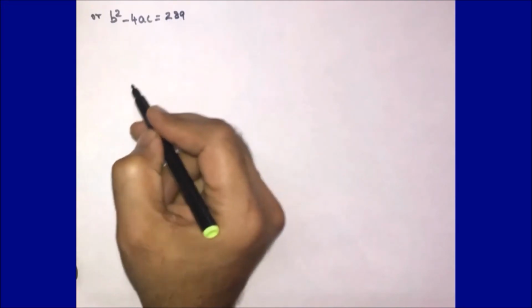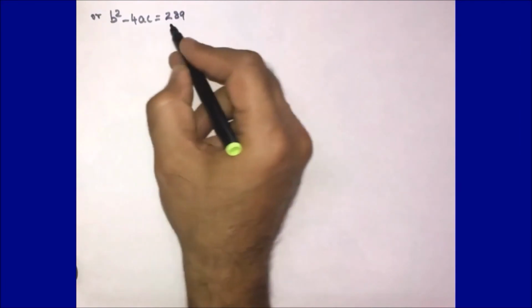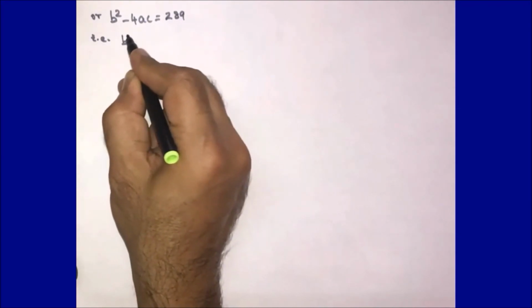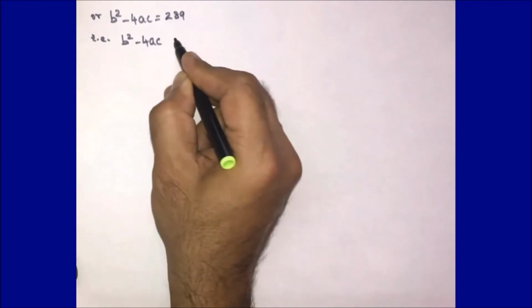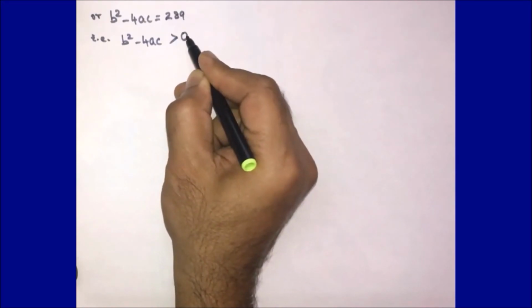So guys, now we could see that the discriminant is a positive figure. That means b square minus 4ac is greater than 0, because we got a positive figure.